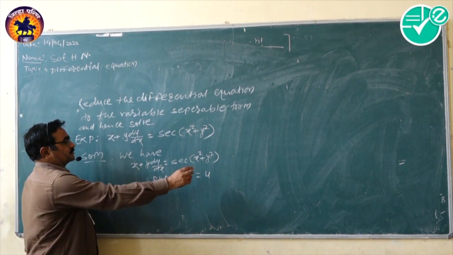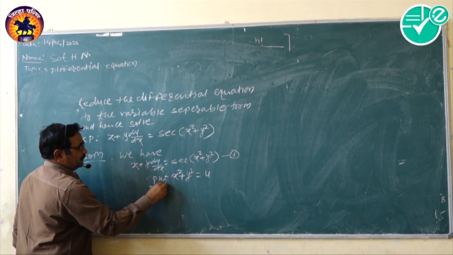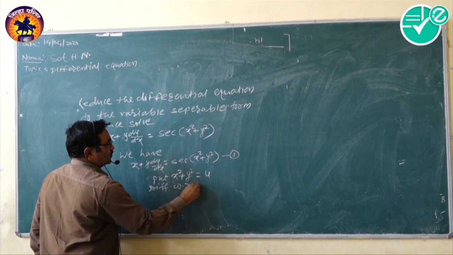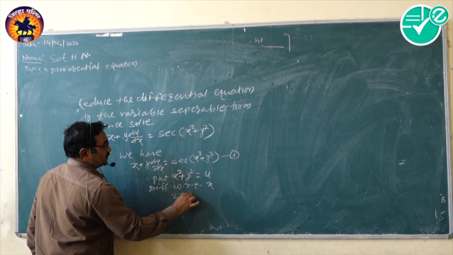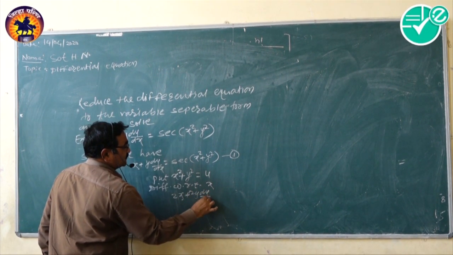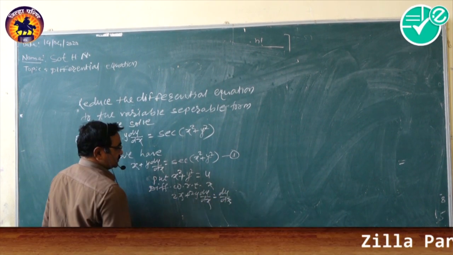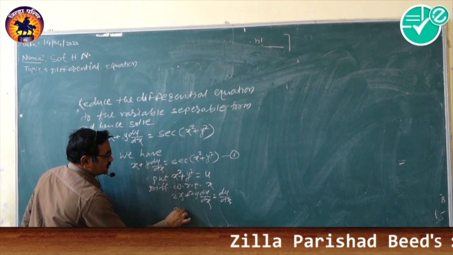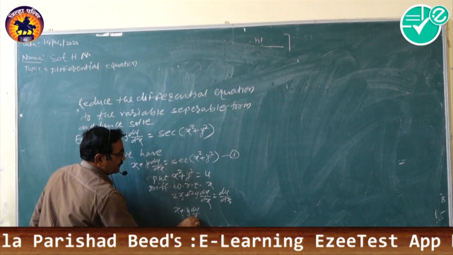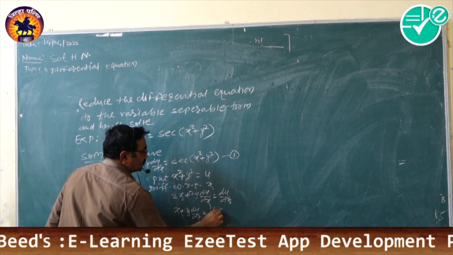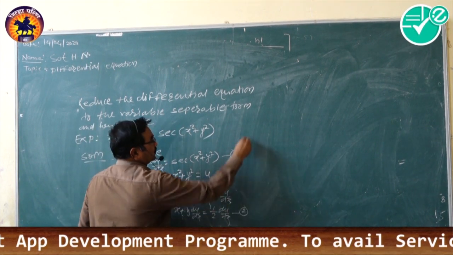Differentiating with respect to x, 2x + 2y dy/dx = du/dx, so x + y dy/dx = 1/2 du/dx. This is equation number 2.